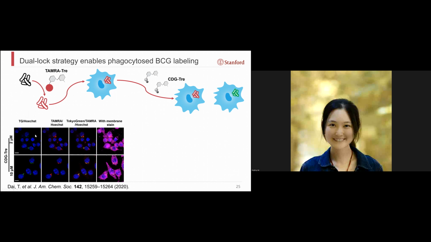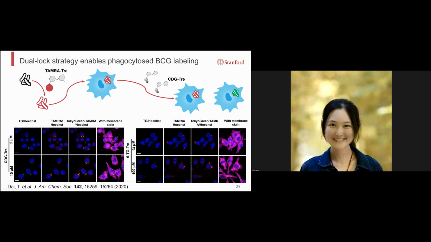So in this case, you can clearly see that with only 2 micromolar of dye concentration, we can clearly see the bacteria. But if you use the same condition with the dye without the beta lactamase recognition moiety, the required concentration that you need is at least 100 micromolar.